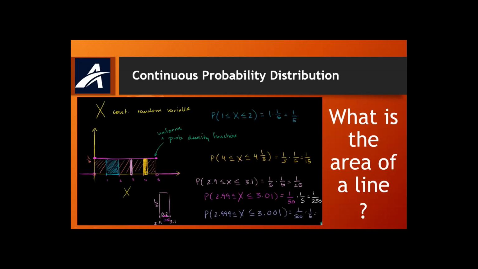We ask ourselves, the probability of getting a value here. What will be the probability of getting an x value of, say, 0.5?